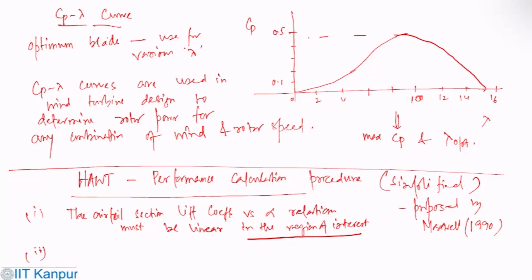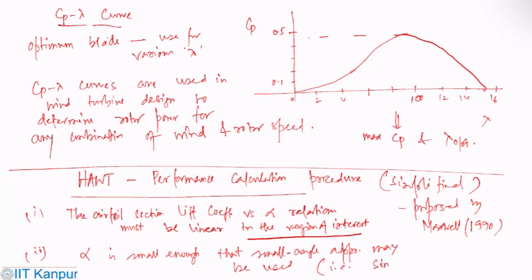Two, the alpha is small enough that the small angle approximation may be used, which is sine of alpha would be equivalent to alpha.